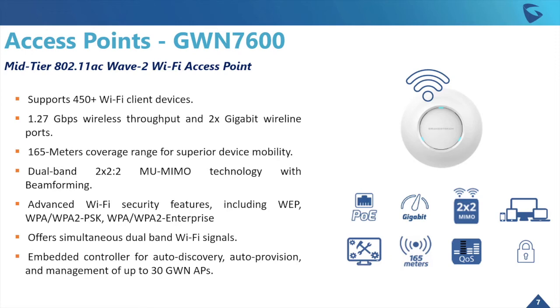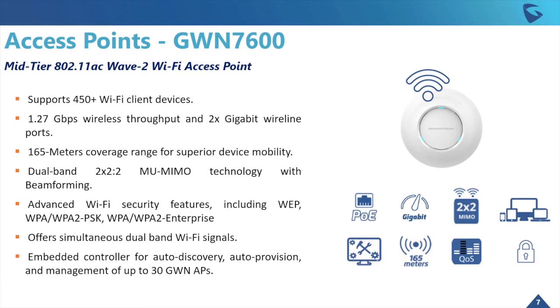This model is built with 2 dual-band antennas with multi-user MIMO technology. As previously mentioned, multi-user MIMO technology was introduced in 802.11ac Wave 2. So let us explain what MIMO is and the difference between multi-user MIMO and single-user MIMO.